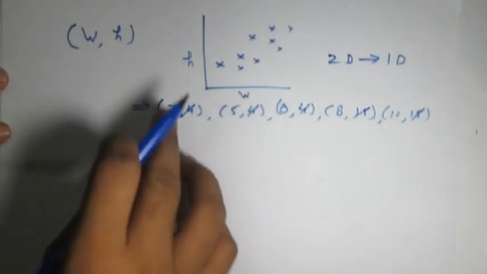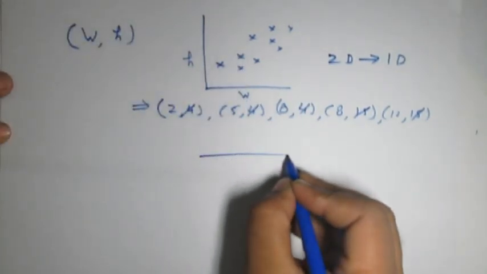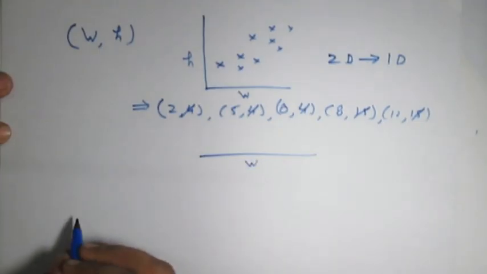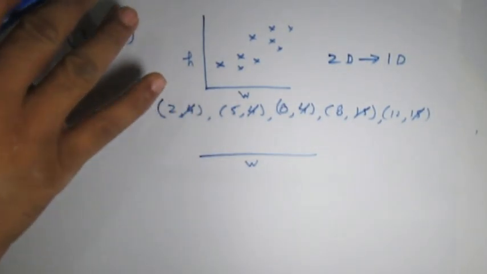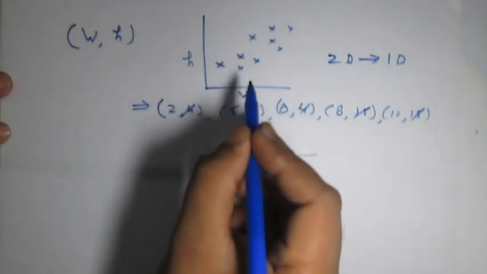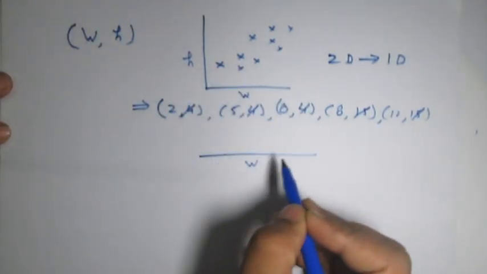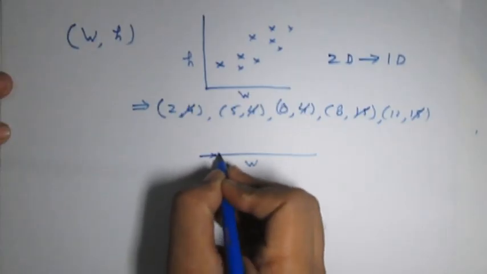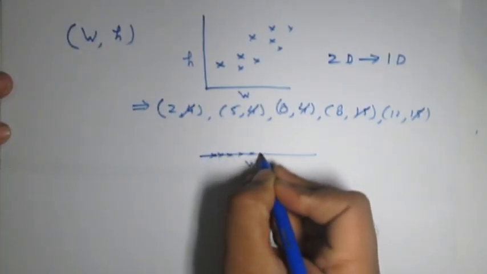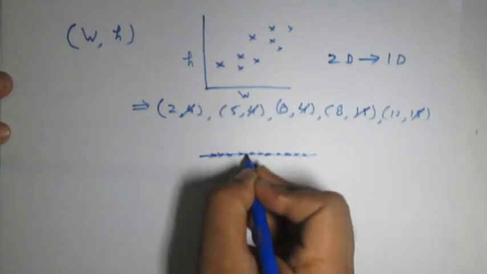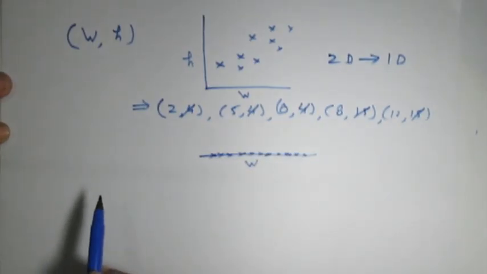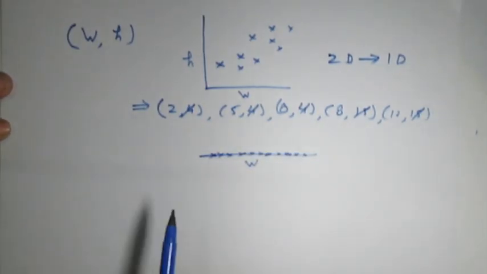Now we don't have this 2D space, we just have a line representing weights of different students. Since we don't have the height information, all the points will be projected on this line only, like this. And you can see these points are very close to each other, and it is very difficult to classify students on the basis of weight only.